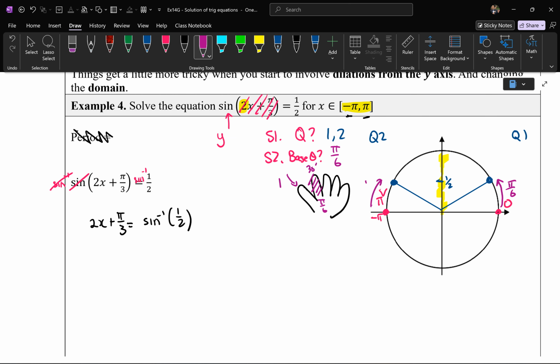From here to here is pi on 6. So you've got pi on 6 this way and pi on 6 on that way. That diagram should help you visualize a lot at the moment. Okay? Now, let's answer the question. You still have this 2x plus pi on 3.